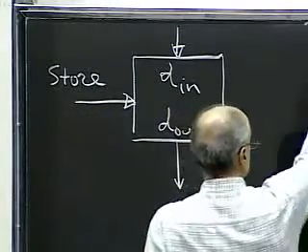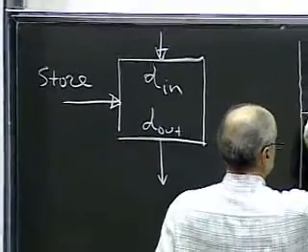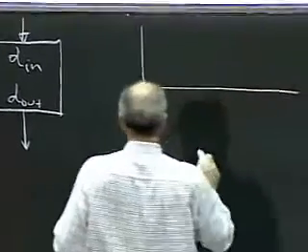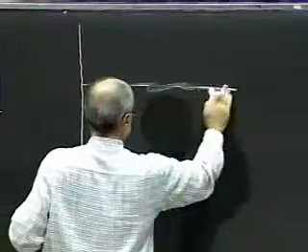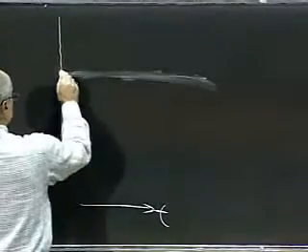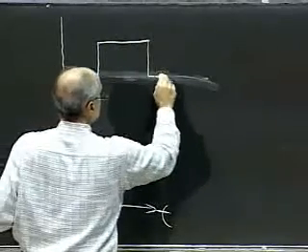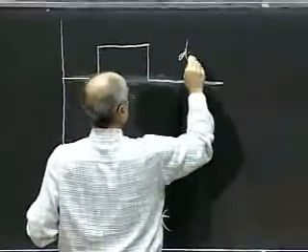So if we were to make a drawing of this, of what this looks like, let me do all this in one axis. So time moves this way. Let's suppose that we have an input D in that looks like this.